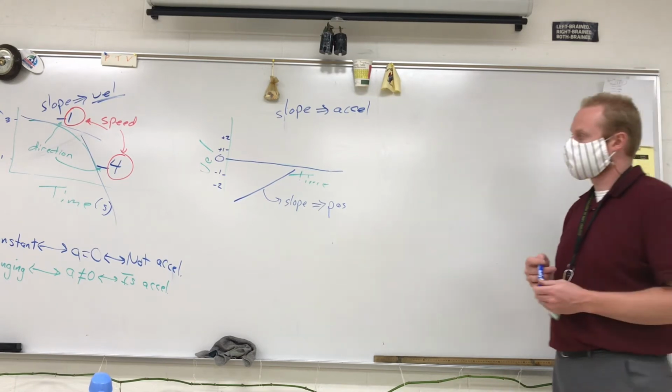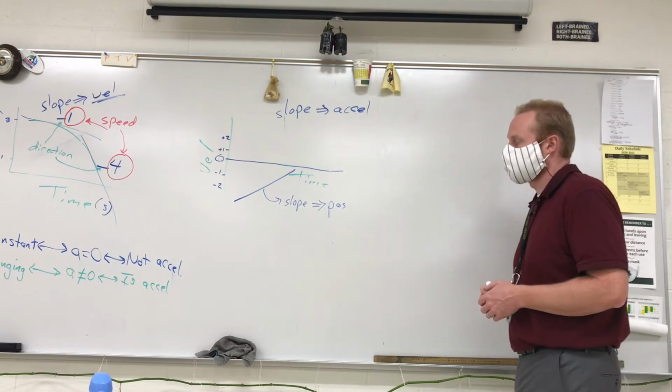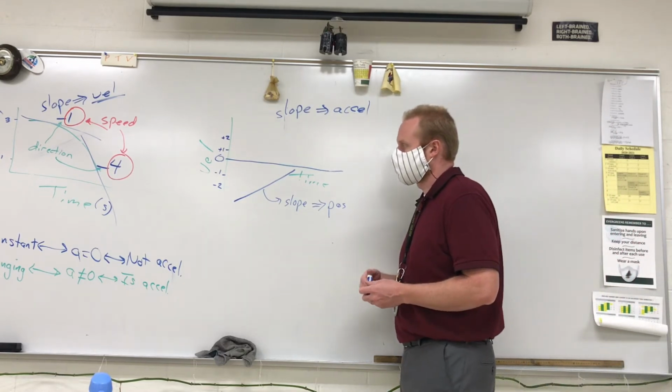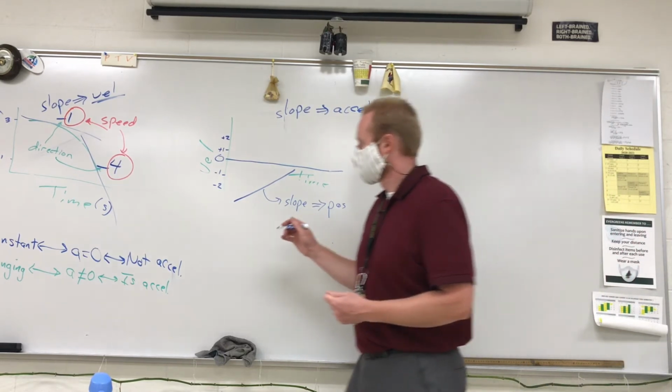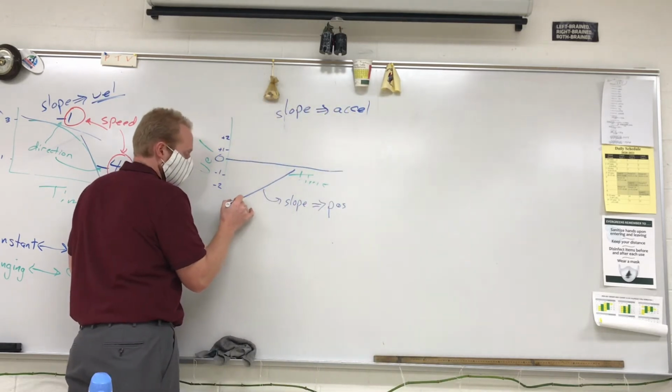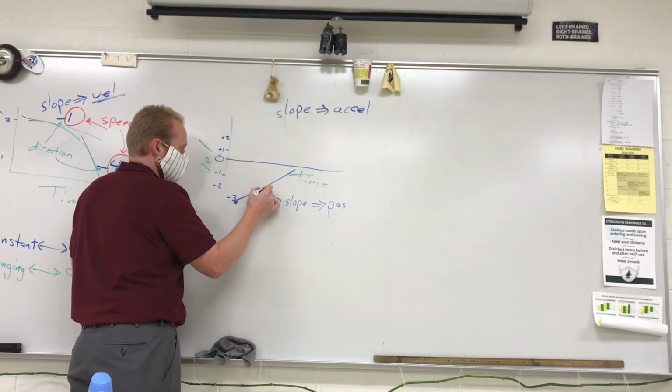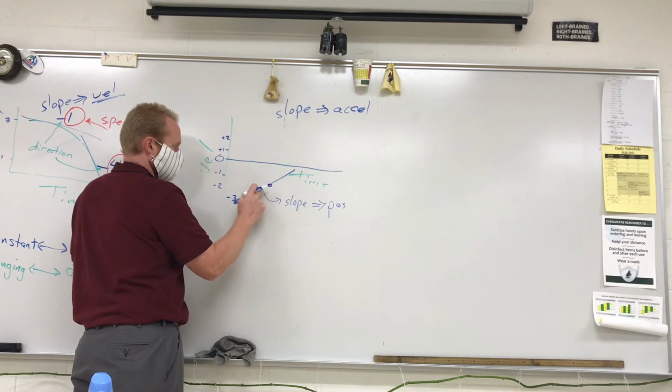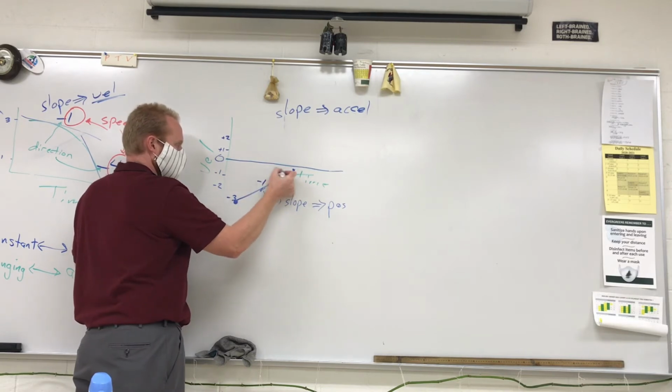Which one is it? Is it going faster, slower, or staying the same? Slower, right? So if right here it was -3, right here it's -1, and right here it's -0.2.